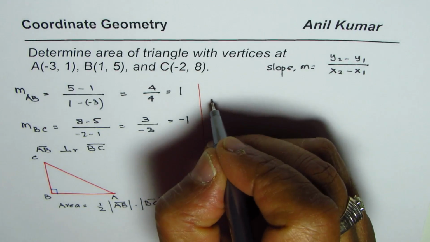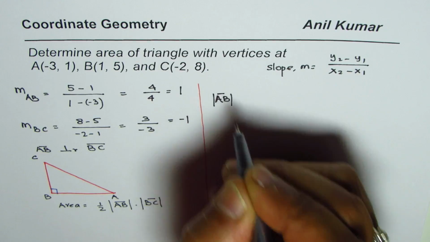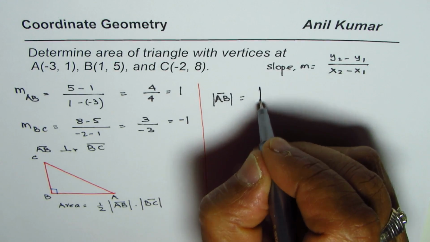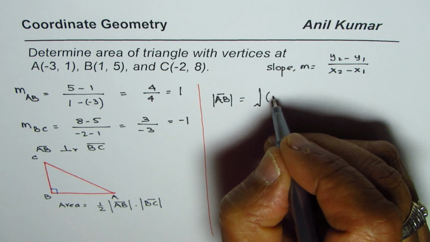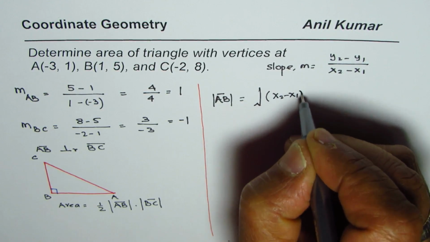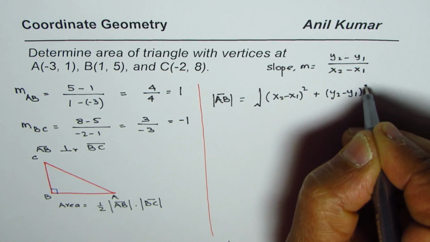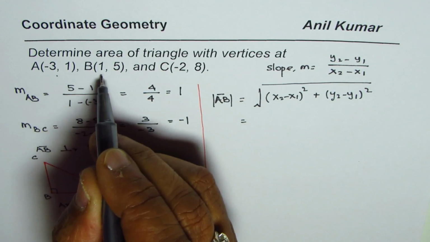So let's find the length AB. We'll use the formula, which is the square root of (x2 minus x1) whole squared plus (y2 minus y1) whole squared. That's the formula.